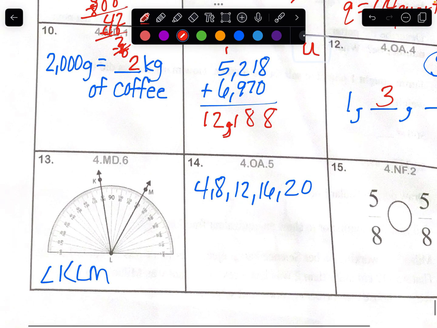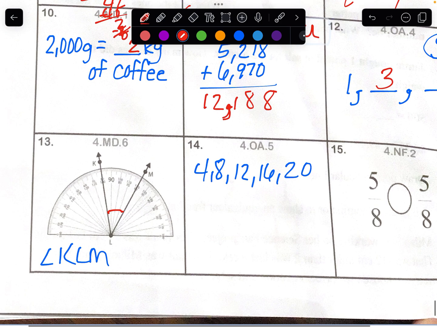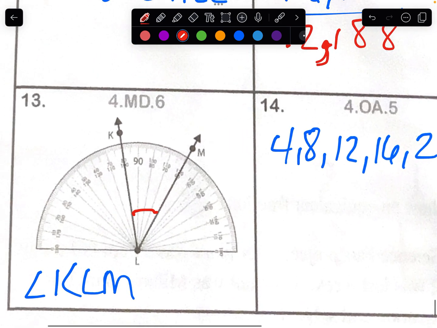All right, 13. You have to find K, L, and M right here. This tiny, itty bitty little baby angle right here. So it's acute, obviously. So you could start here at 80, and that's 90. You could hump this, and each time you hump, it's 10. So this is 10, 20, 30, 40 degrees.